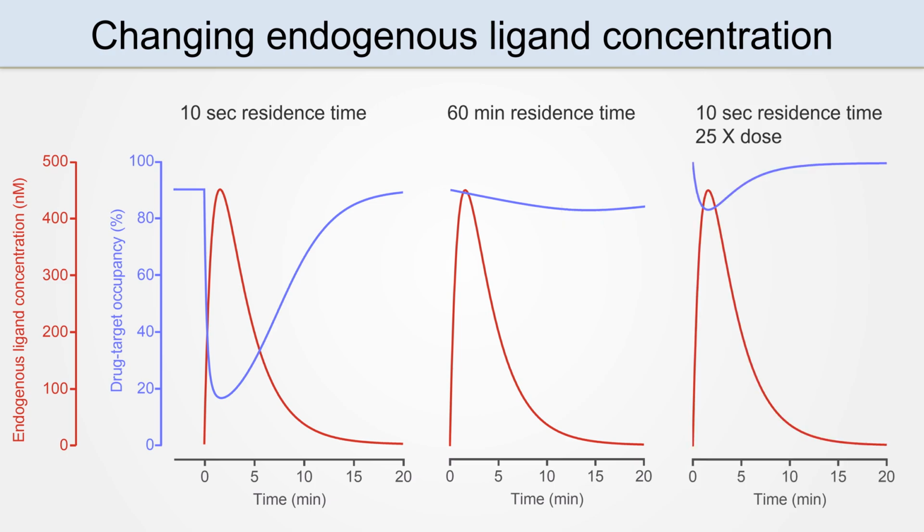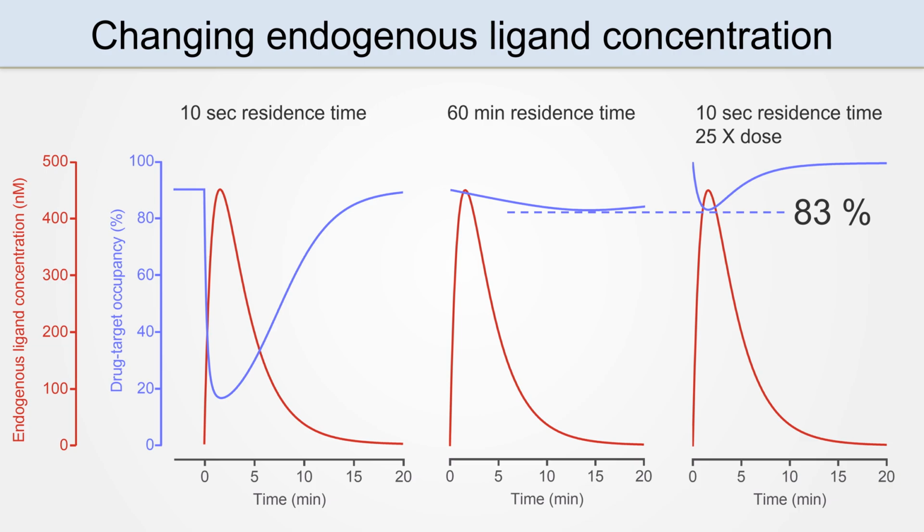Now this isn't a black and white phenomenon. For the short residence time ligand, we can get effective block by increasing the dose, as shown here. We have a short residence time of 10 seconds, but have increased the dose 25-fold. This gives us the same level of occupancy at the trough as the slowly dissociating ligand at 83%.